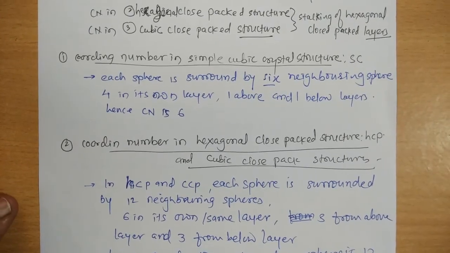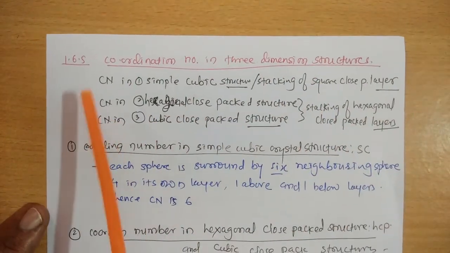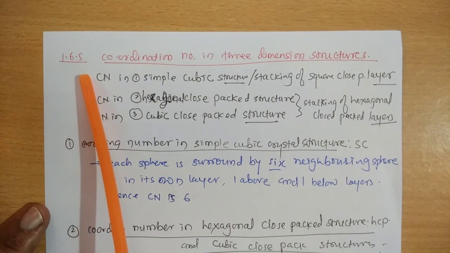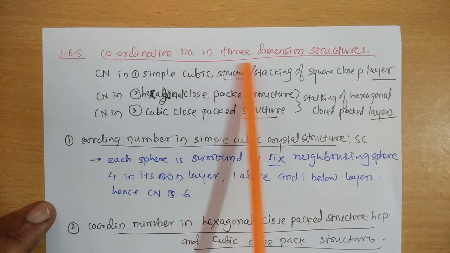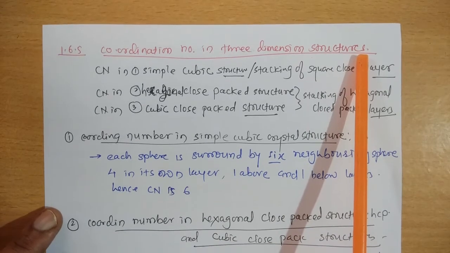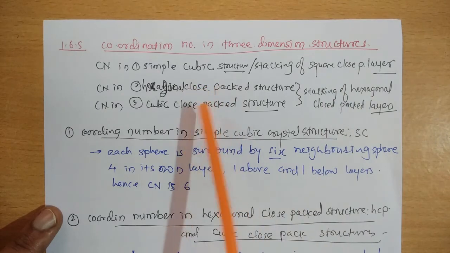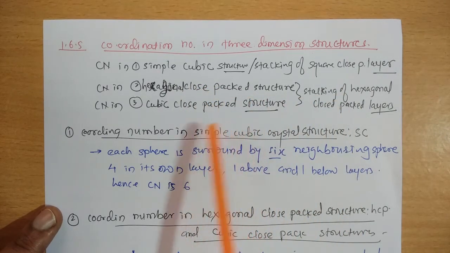Now let us see point number 1.6.5 from the textbook, that is coordination number in three-dimensional close-packed structures. Three types we have seen in the three-dimensional close-packed structures.